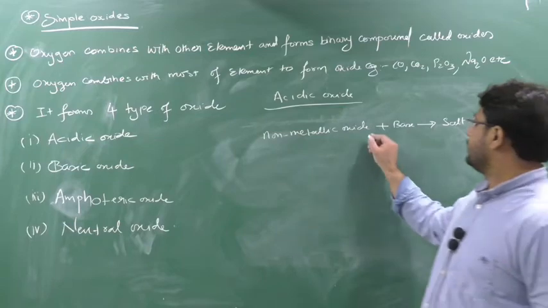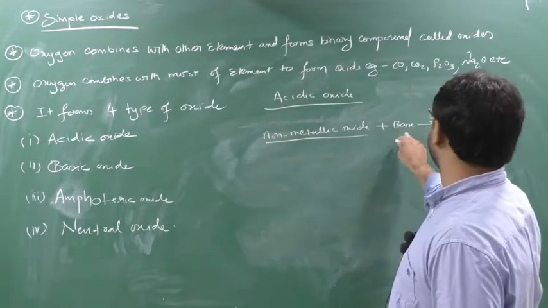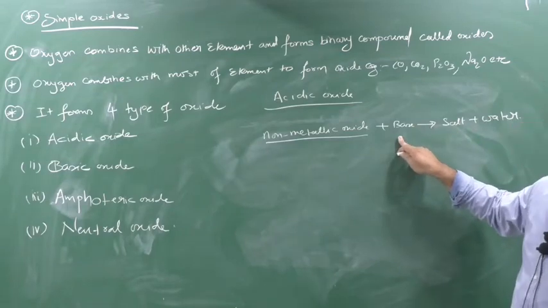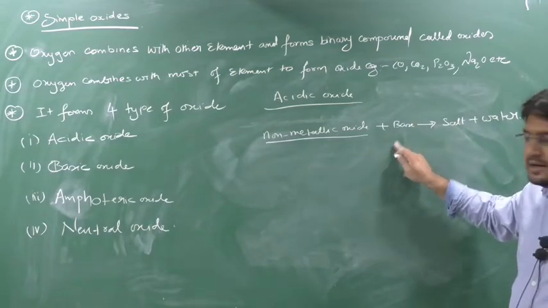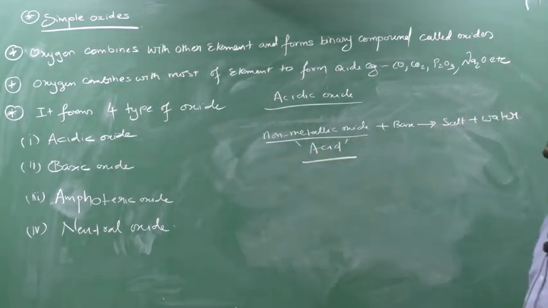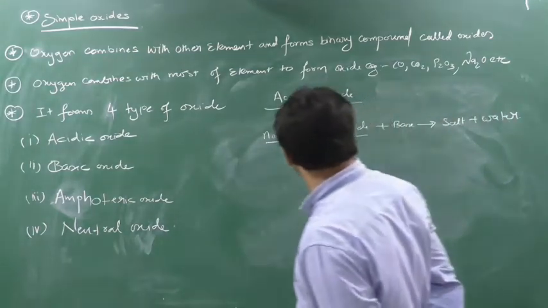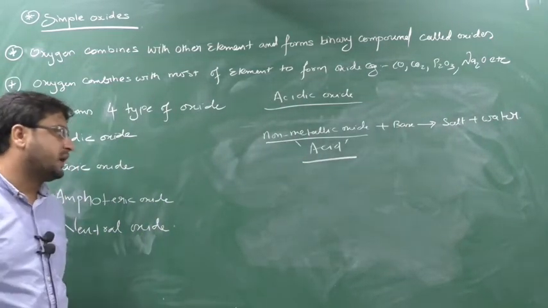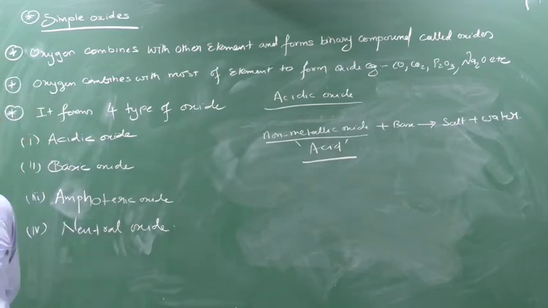Now see here. This non-metallic oxide is reacting with a base and forming what? Salt plus water. So who can react with a base to form salt and water? Acid. So it is guaranteed and proved that non-metallic oxides are acidic in nature. Write down: non-metallic oxides react with bases to form salt and water, which proves that non-metallic oxide is acidic in nature.